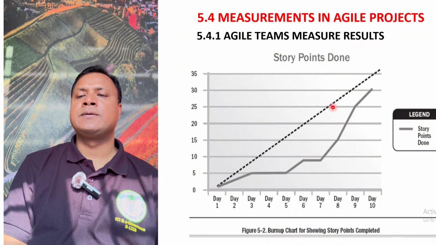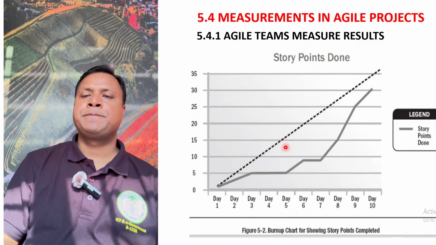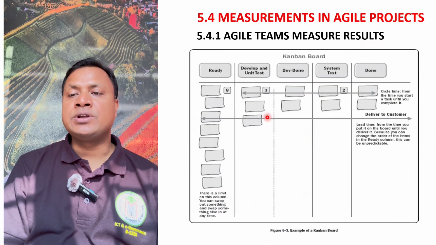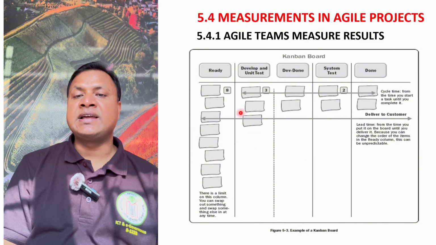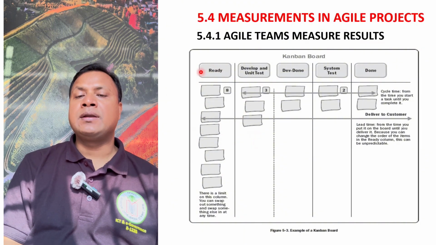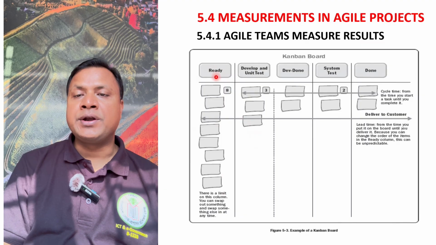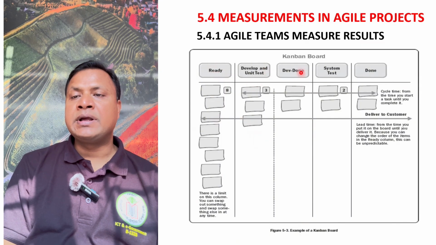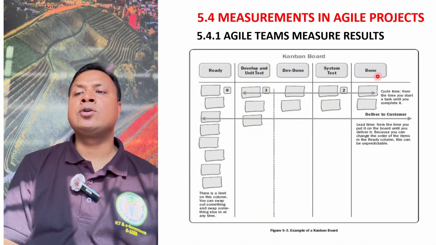So this is remaining. If you see this Kanban board, from here also we can find the lead time and cycle time. There are 5 columns here: work ready, development unit test, development done, system test, and done, completed.